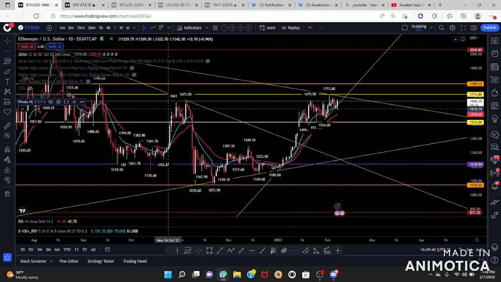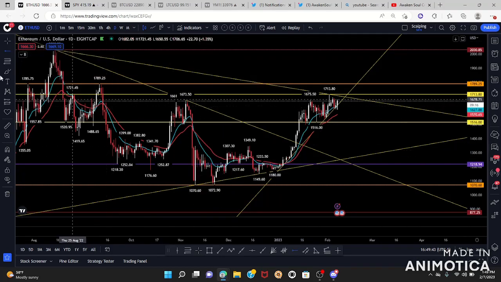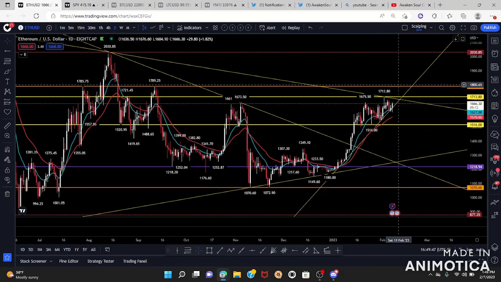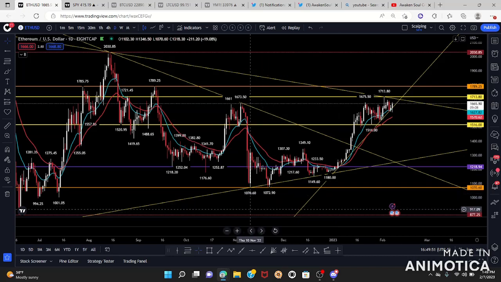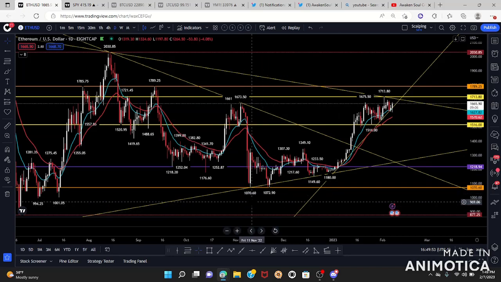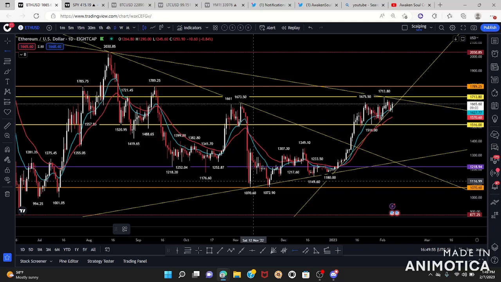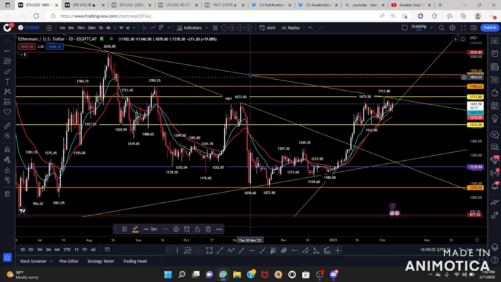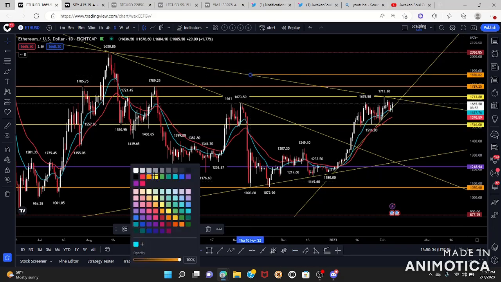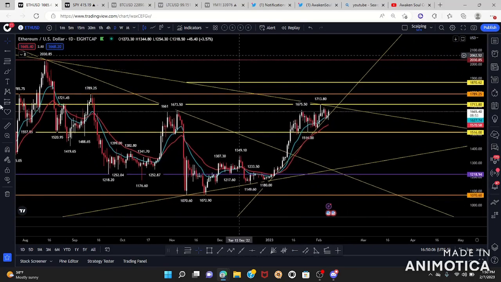So the higher number, the less points, highs and lows. Okay, so let's say if we break to the upside, if we break this daily trend line, this would be my lowest price at 1070. Right, so we just go 1070, we go all the way up and mark it right on my trend line. And let's mark it yellow because this is our daily target. I'm going to go ahead and highlight it so don't forget.